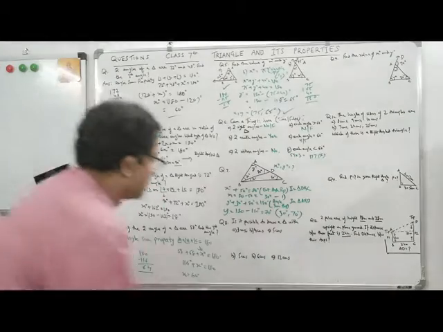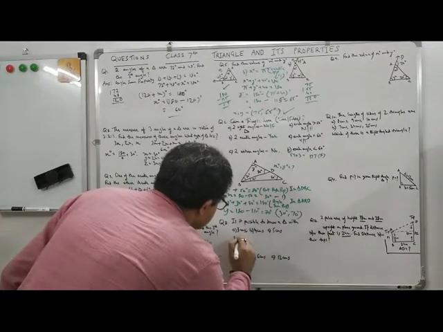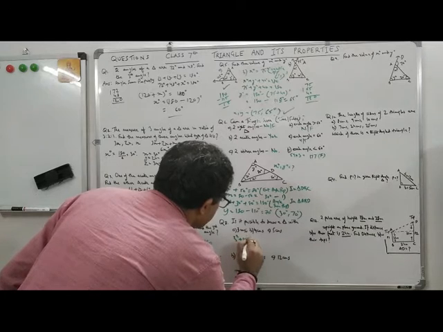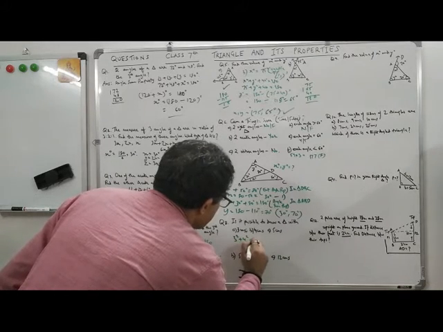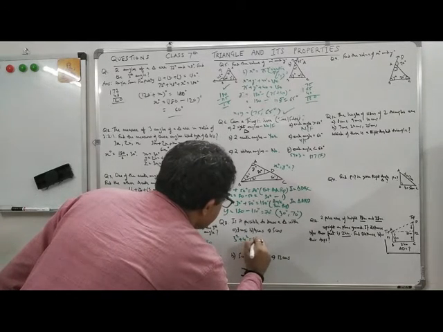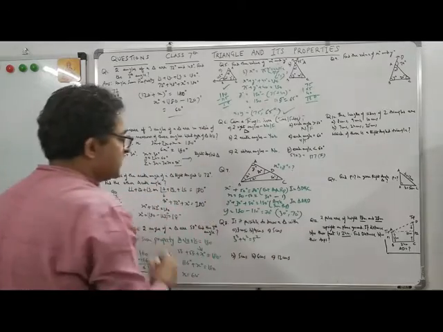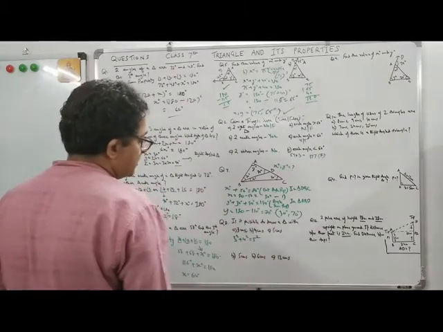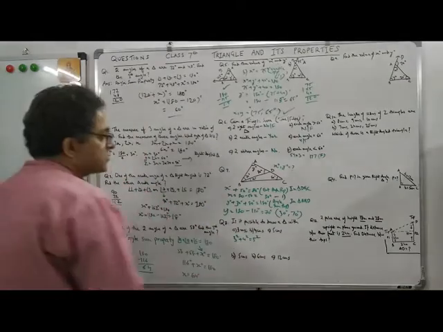Let's see. This is 3 square plus 4 square equal to 5 square. Always take the longer side, this one. So basically the Pythagoras theorem, you know.